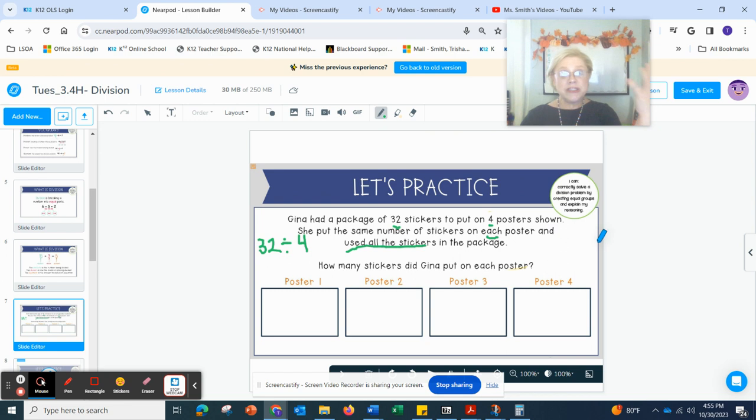So we can just model it out. Or if you have that automaticity, we know that 4 times a number, but you might not know that number yet, equals 32. Now, once again, if you have the automaticity, 4 times what equals 32, you will know what our quotient is because you can just fill it in.